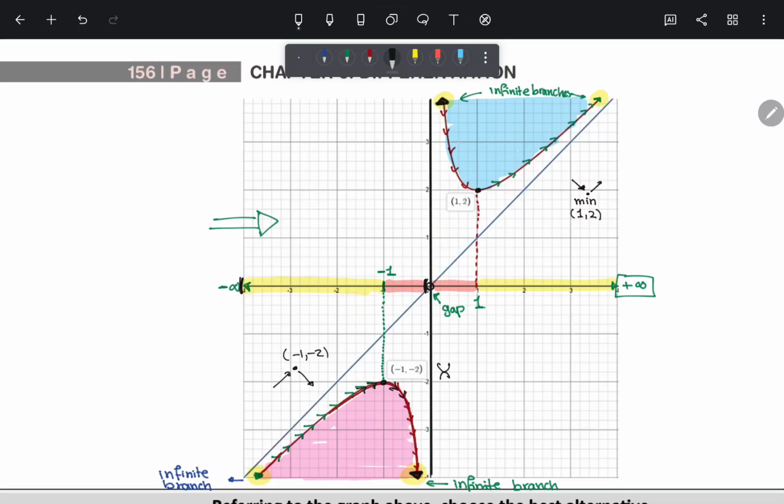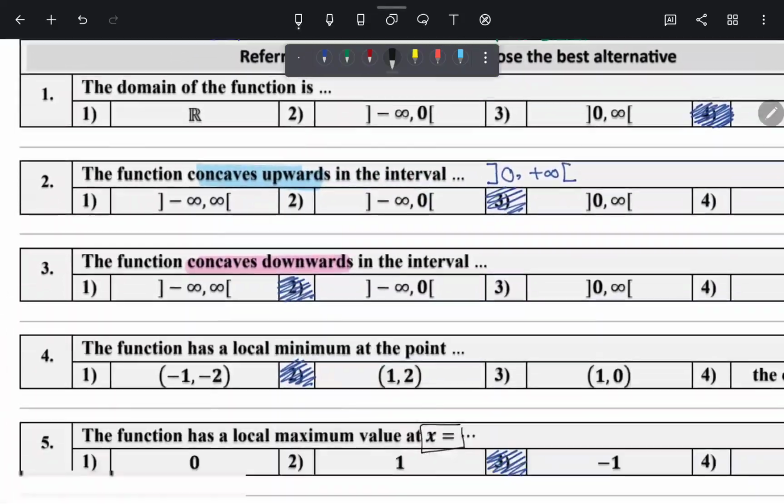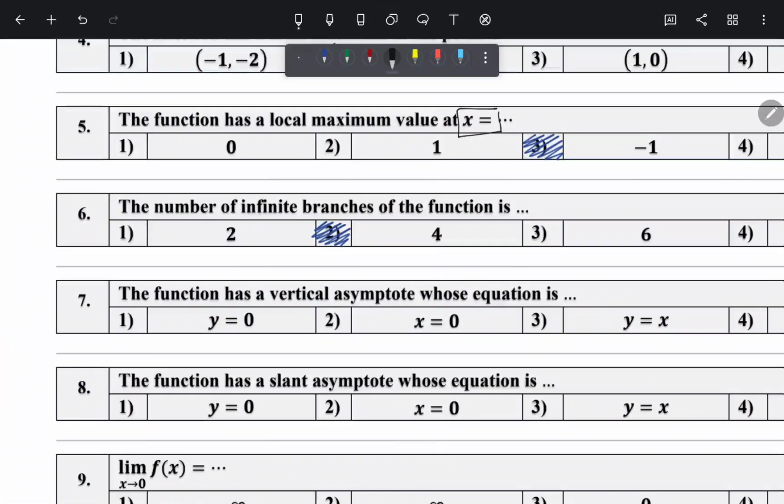This one is x equals 0, because it goes through 0, so this is the vertical asymptote, x equals 0.